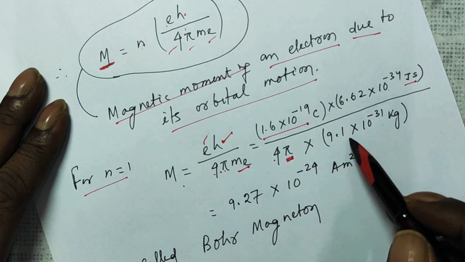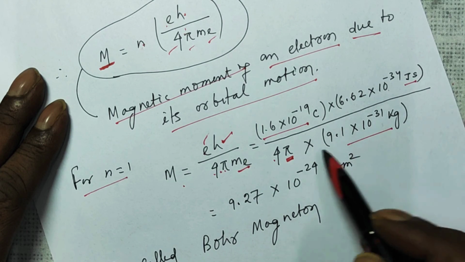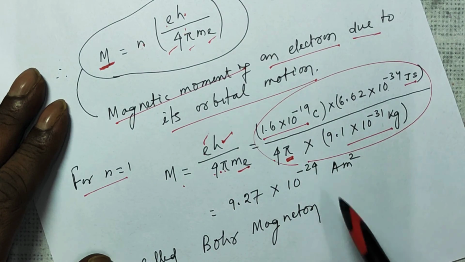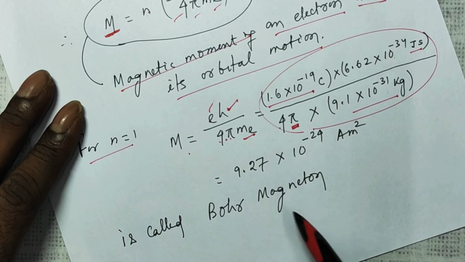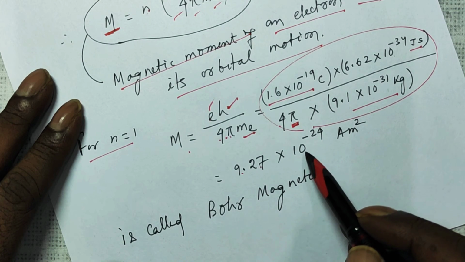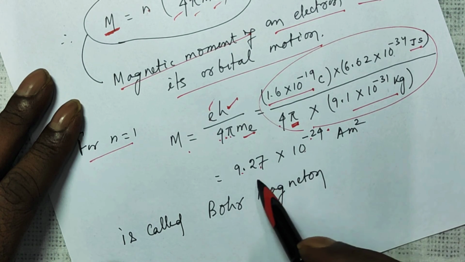Mass of electron is 9.1 into 10 to the power minus 31 kg. If you solve this in a scientific calculator, you get it as 9.27 into 10 to the power minus 24.